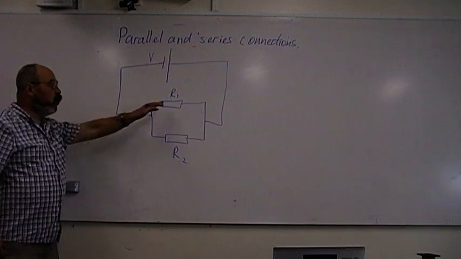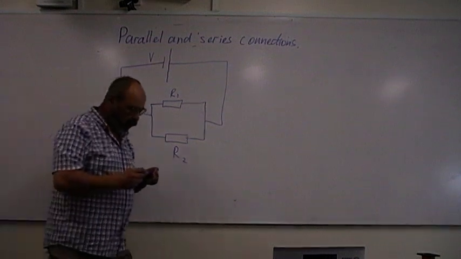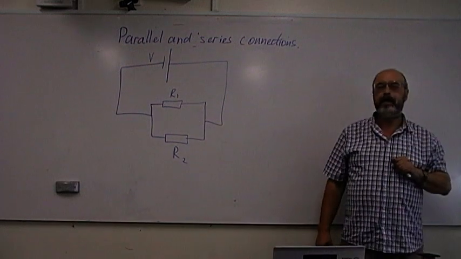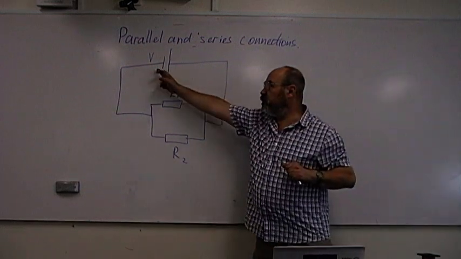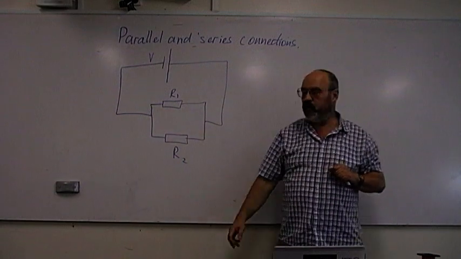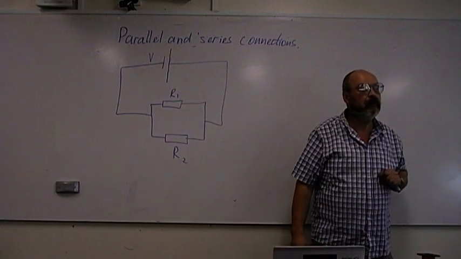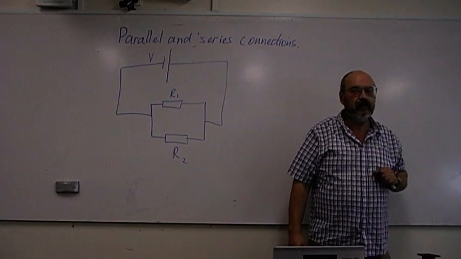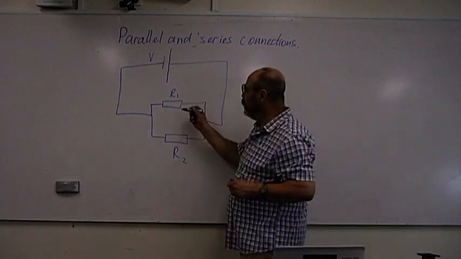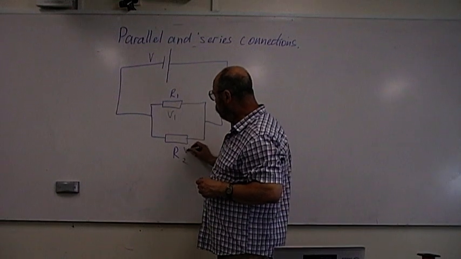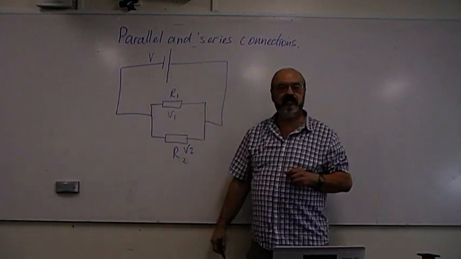Now, what will be the voltage or potential difference across resistor R1? If you have total voltage supply V, what will be the voltage drop across resistor 1? Yes, V1, but what will it be in terms of this V?